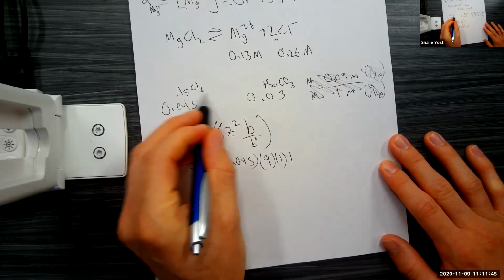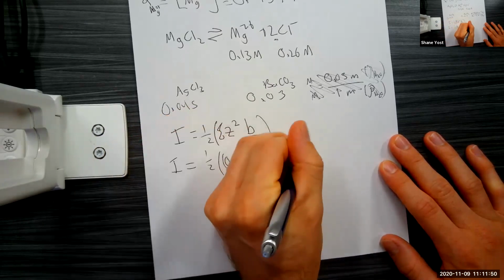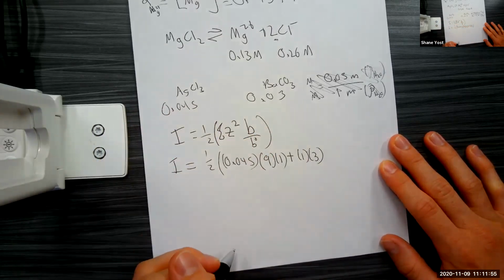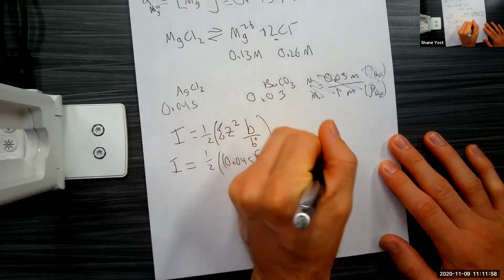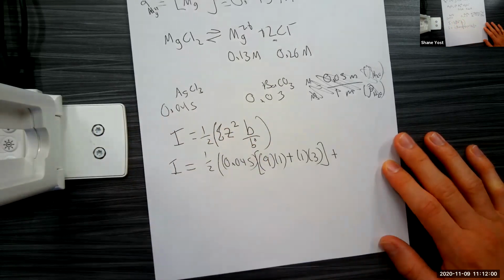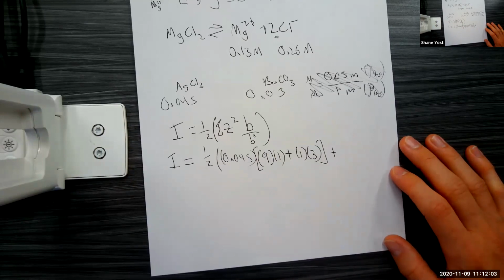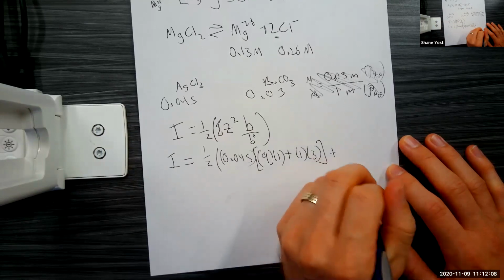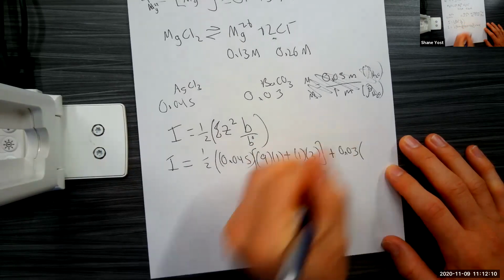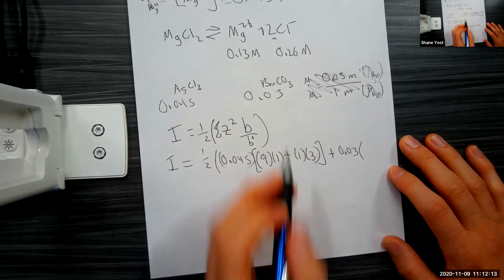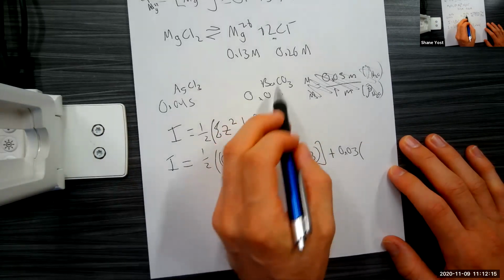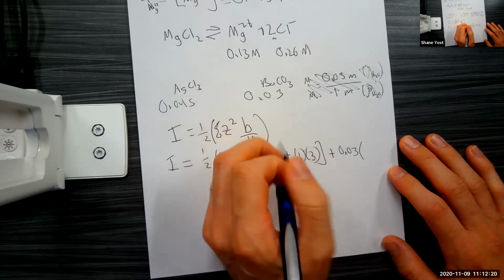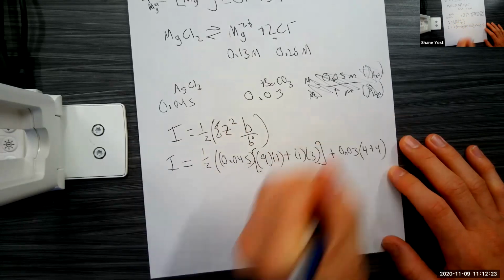Then for the Cl3, it has a charge of 1, but its concentration is 3 times 0.045, so times 3. So I'm multiplying 0.045 by all of this. And then the other one is 0.03, times, both these have a charge of +2, but they both have a concentration of 0.03, so it's 4 plus 4.